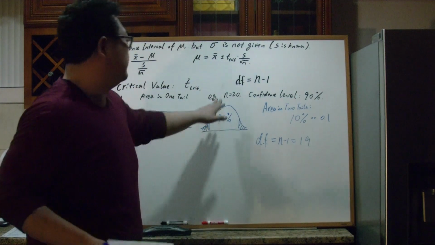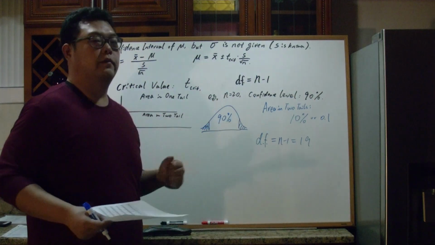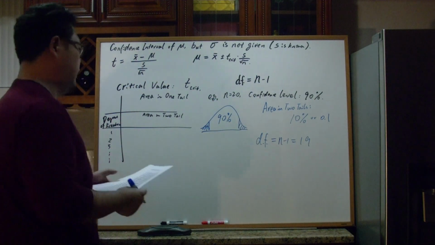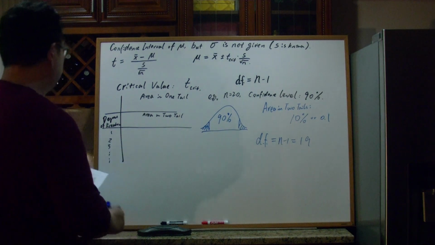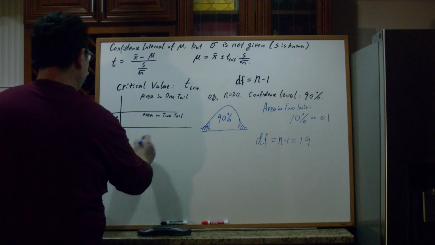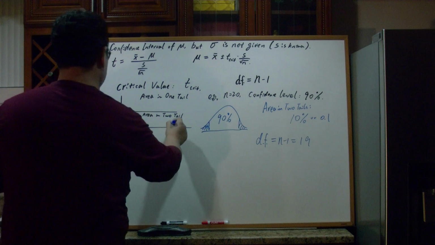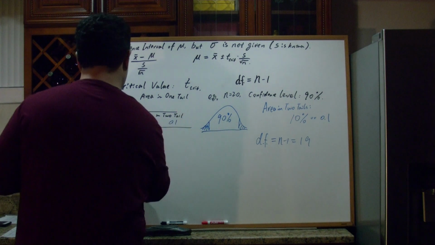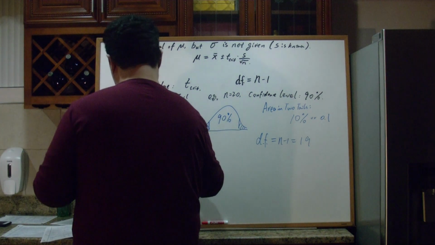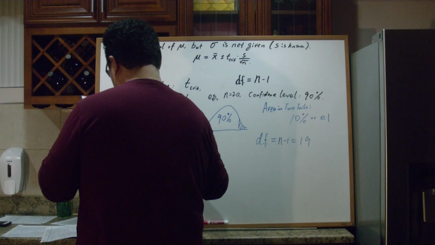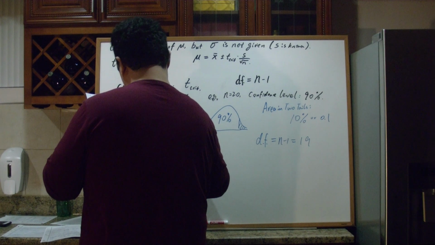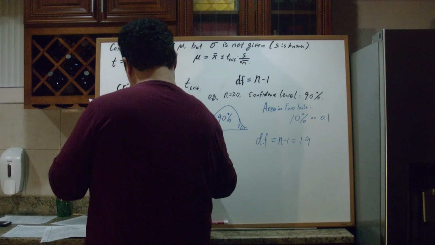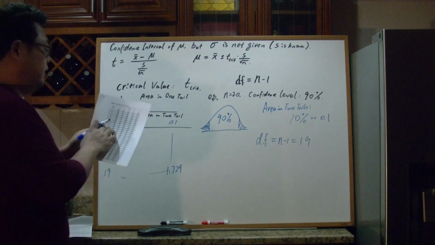And since the size is 20, the degree of freedom will be n-1, that is 19. Therefore, we go to the table at 19, and area in two tails at 0.1. In the intersection of these two values, we are able to find the critical t-score of 1.729.